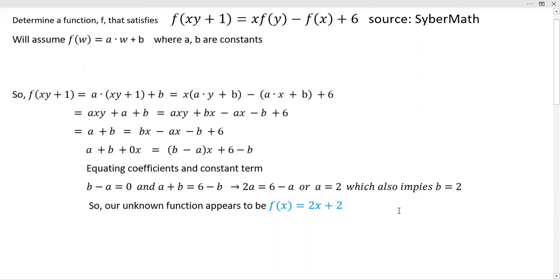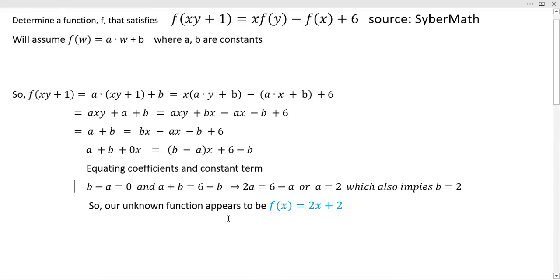So if you go with the truth that a equals 2 and b is equal to 2, you go back up here to the form of our solution and just substitute a equals 2 and b equals 2 into the appropriate places. And this is our proposed linear solution. Now, notice that I'm careful with my language here. I said it appears to be, right?